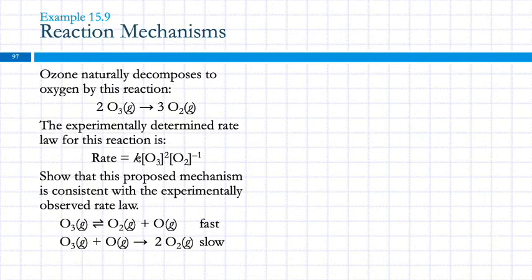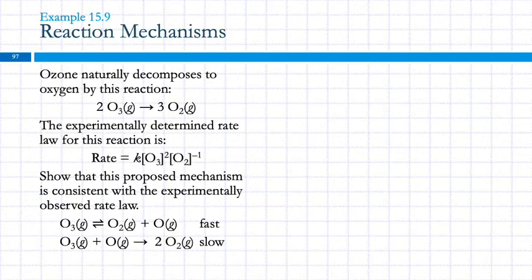So this is an example. This could be like a homework problem or could be an exam problem. Ozone naturally decomposes to oxygen by this reaction. 2O3 goes to 3O2. It's kind of some interesting symmetry there. The experimentally determined rate law for this step is rate equals K O3 squared, O2 to the minus 1.